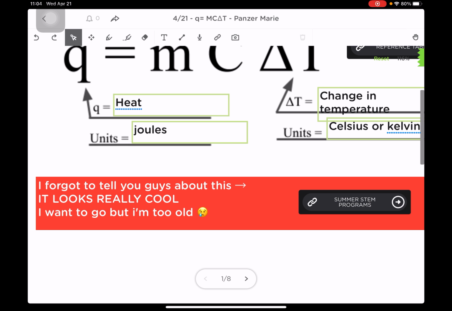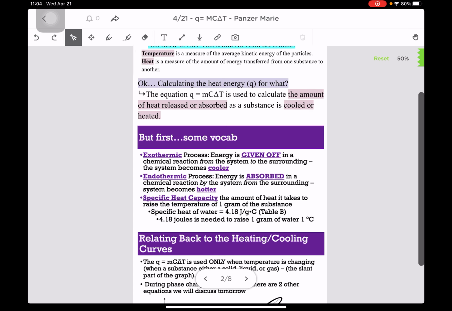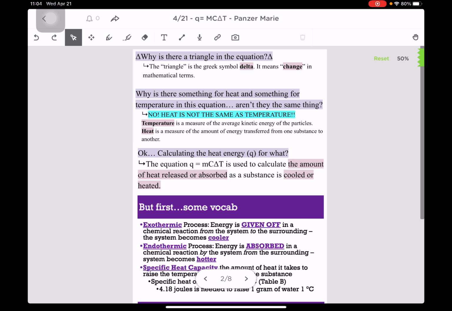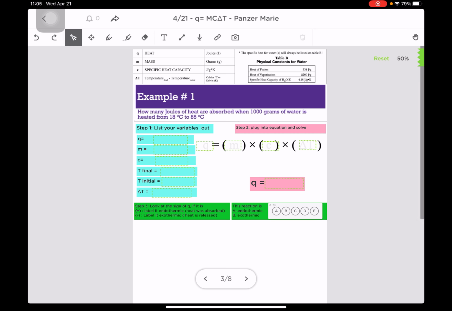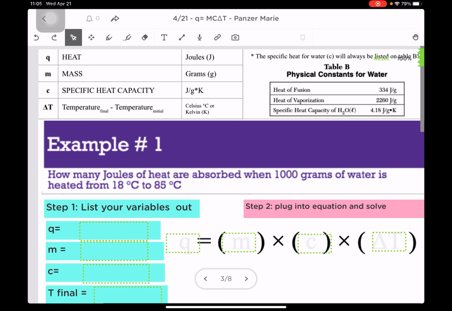Okay. This page is all notes. I'm not going to waste time in this video reading through the notes, but please take a look at them. And let's start doing the example. For these questions, on each page at the very top, I put the symbol, each symbol and what it means, and also its units.